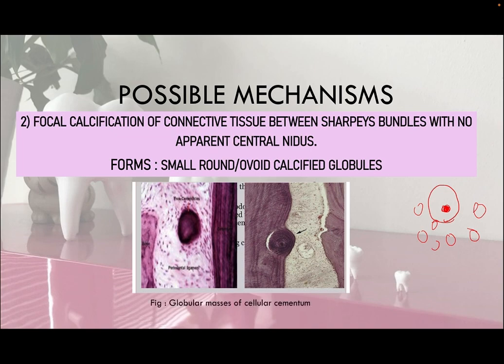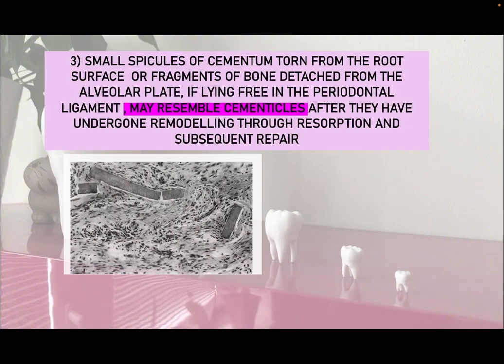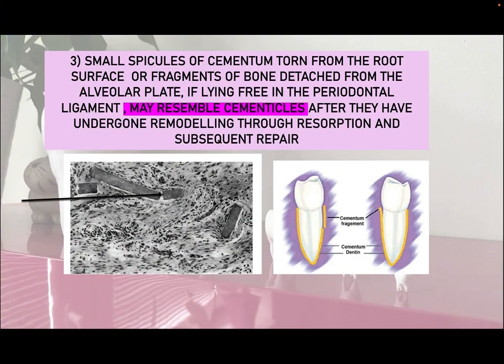So this is a figure of globular masses of cellular cementum. Now moving on to the other mechanism, this is cemental tear. Small fragments of cementum are torn from the root surface, or fragments of bone detached from the alveolar plate.